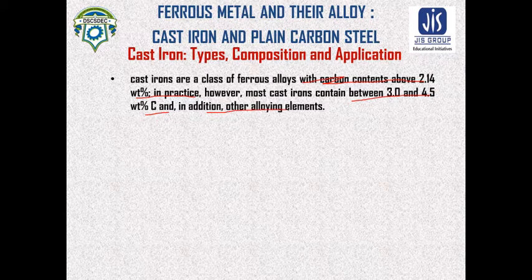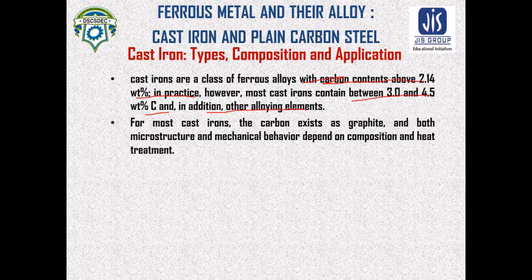So in cast iron there are also some alloying elements, but the major thing here is iron and carbon. For most cast iron, the carbon exists as graphite form between the iron.